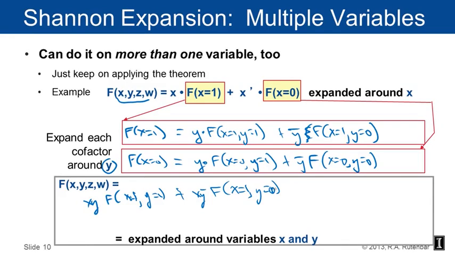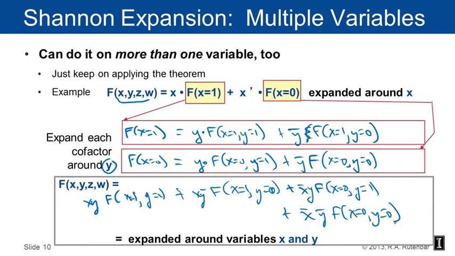You can see the pattern here: the variable values match the polarities on the products, plus x bar y times f of x equals 0, y equals 1, plus x bar y bar f of x equals 0, y equals 0.